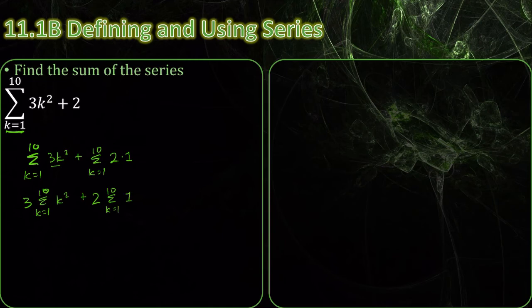So now we've got these nice little formulas. So the first one, the formula for k squared or I squared, was n times n plus 1 times 2n plus 1 over 6. And for the 1, it was just n. But what was n? n was 10. That's the number on top.